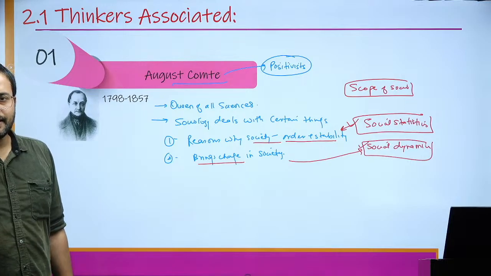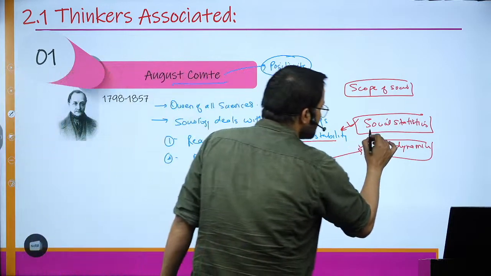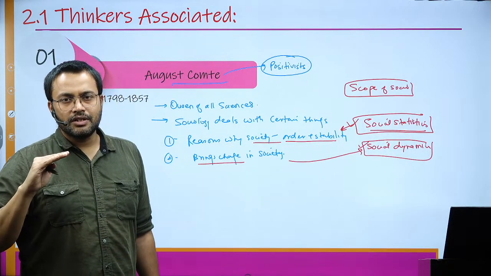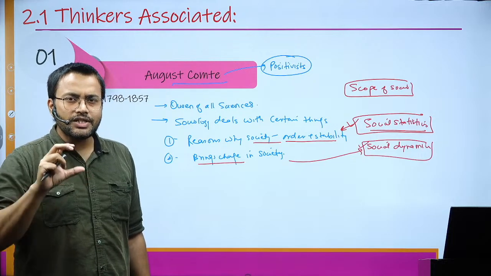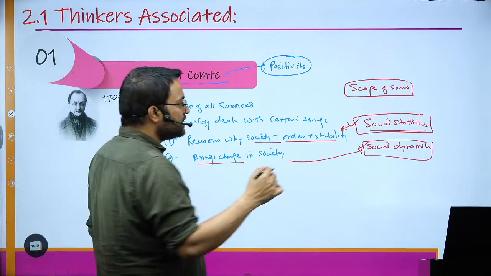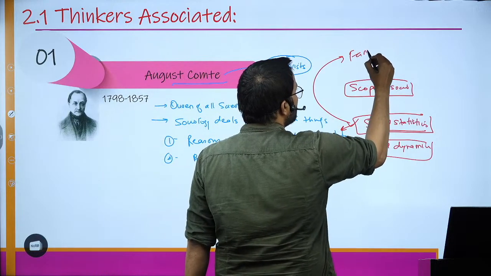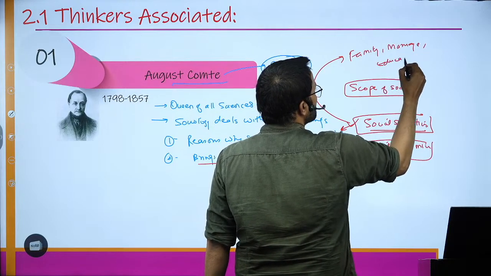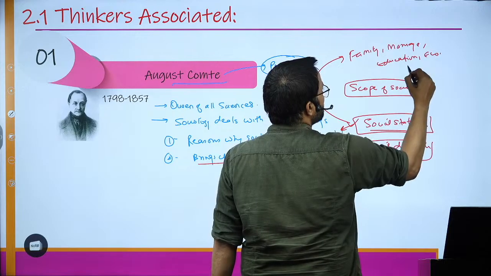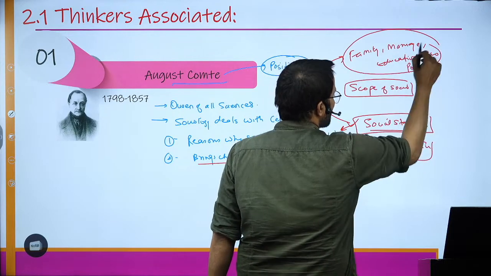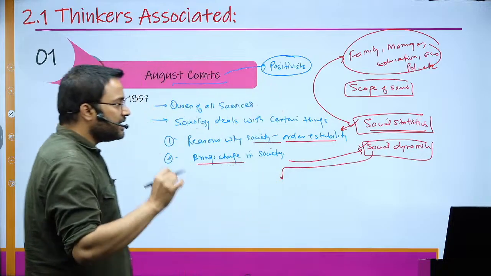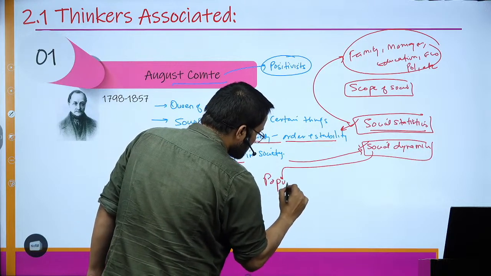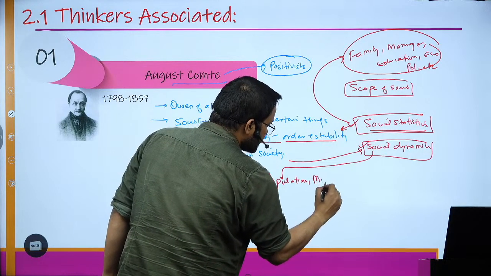Social statics means those aspects of society which are not changing continuously. Though small changes will occur, they're not changing that significantly, like family, marriage, education, economic institutions, political institutions, etc. But social dynamics are those aspects of society which are continuously changing, like population, migration.